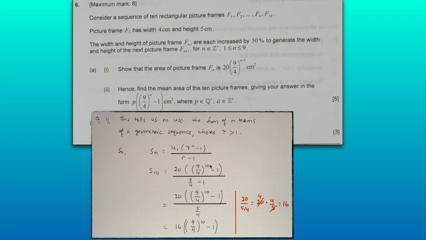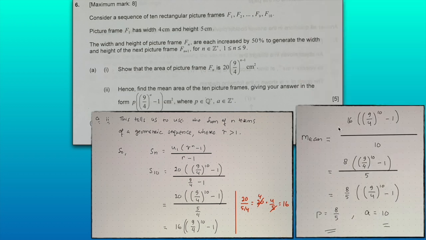n, that is 10, subtracted by 1, over 9/4 subtracted by 1, and simplify the answer to get this expression there. So the mean is equal to the sum of the first 10 areas of the rectangular picture frames divided by 10, and that can be simplified into this expression.